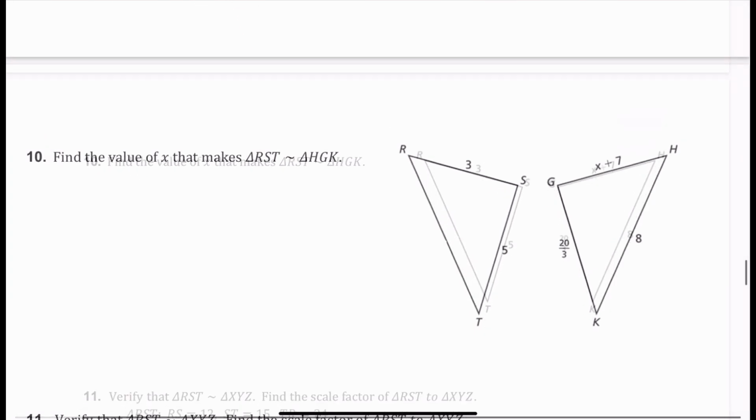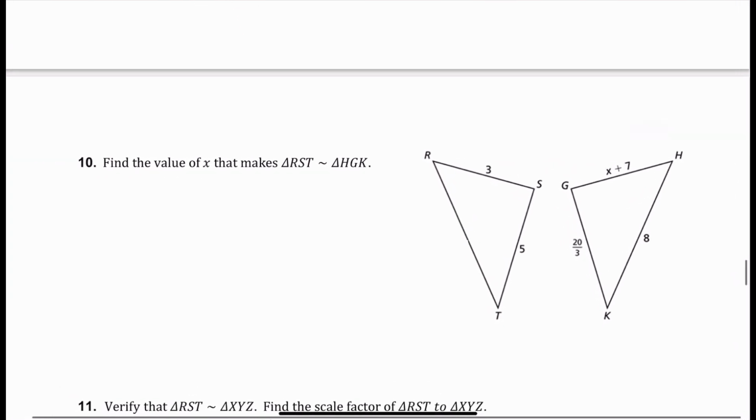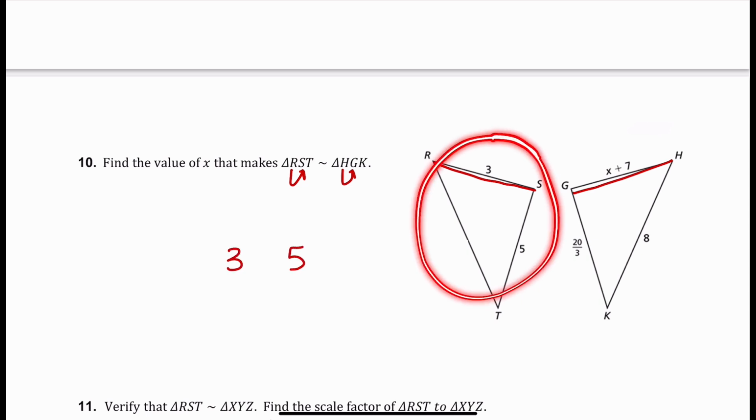And we're going to find the value of x, number 10, that makes RST similar to HGK. So RS has to be proportional to HG, RS and HG. So 3 and 5 are from this triangle here.